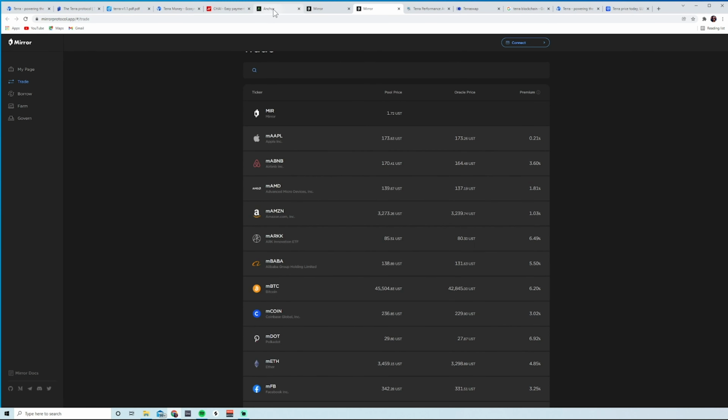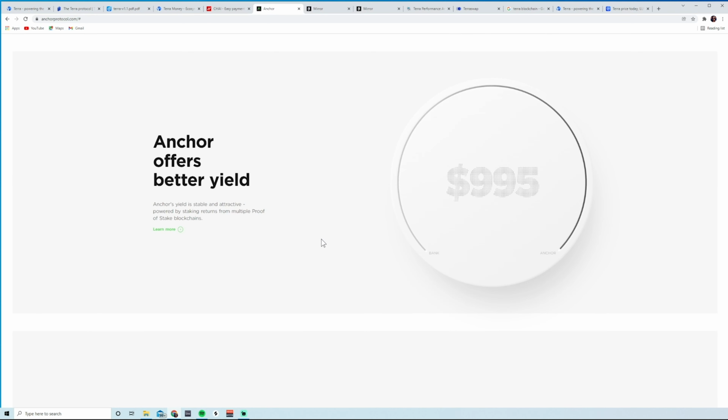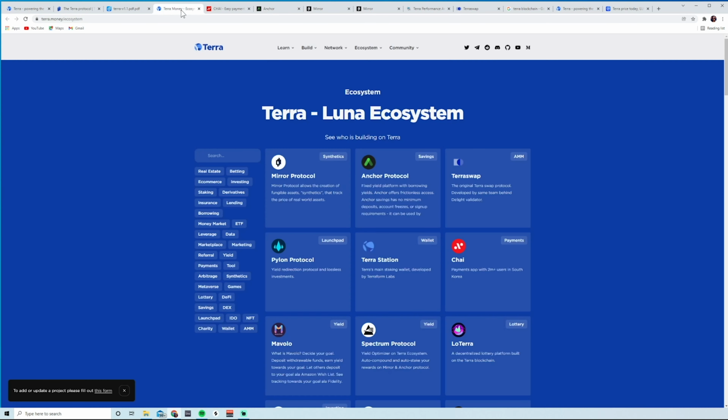Okay, so if we move on to Anchor, it's better savings. Essentially, it's like a really good bank for your stablecoins, right? So one of the other unspoken about adoption cases for Terra is that it applies to so many different people, right? And I'm just talking geographically. All the other stablecoins you've got, like USDT, Binance USD, USDC, all that kind of stuff, it's always in the US dollar.